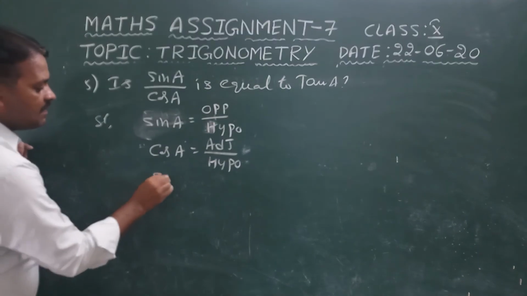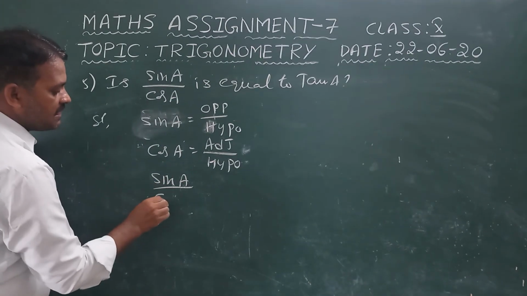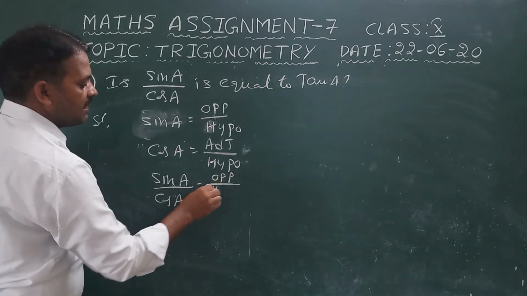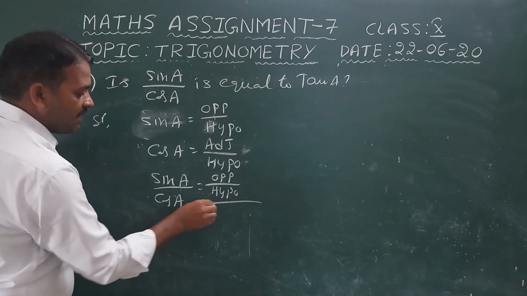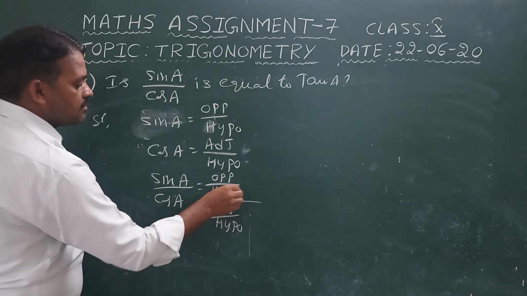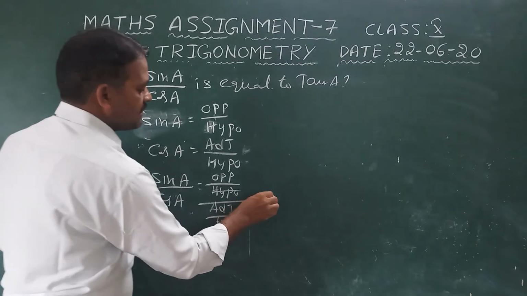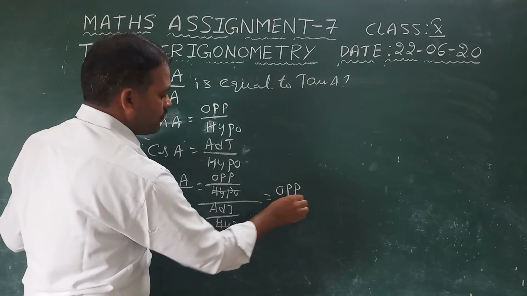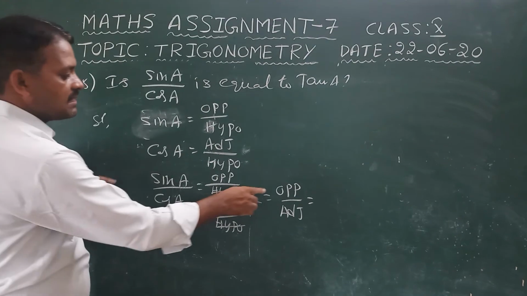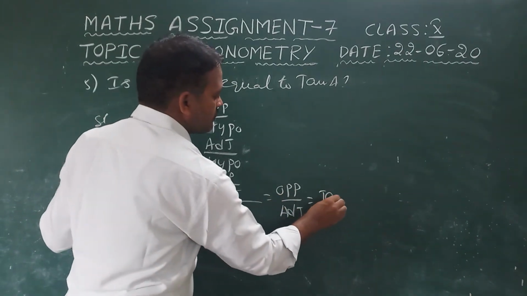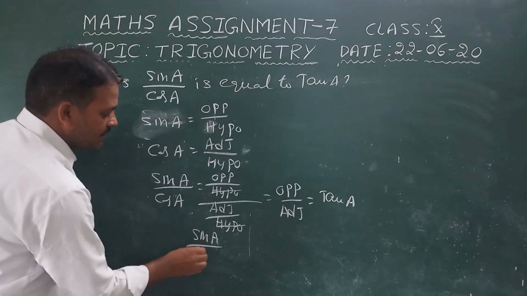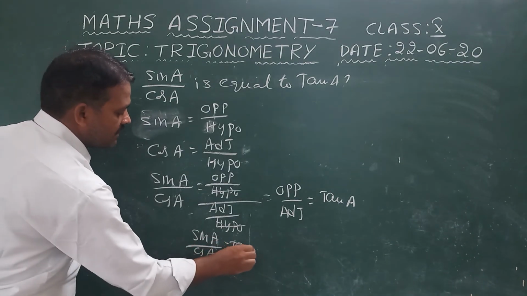Now I need to find sin a by cos a, which is opposite side by hypotenuse divided by adjacent side by hypotenuse. So the hypotenuse gets cancelled. That equals opposite side by adjacent side, which is tan a. So the final conclusion is sin A by cos A is equal to tan A.